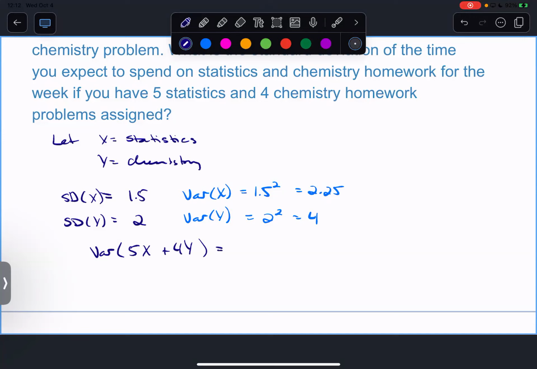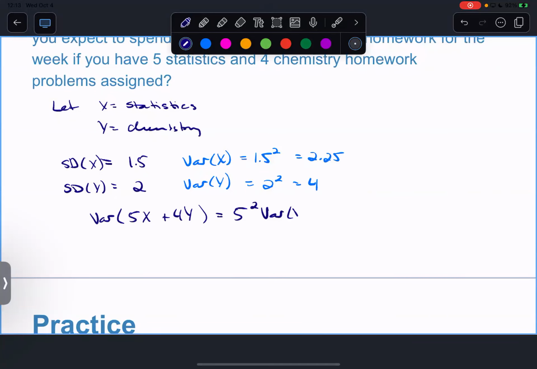When I distribute the variance, then I have to square the coefficient, and that's just a fact. So 5 squared times the variance of X plus 4 squared times the variance of Y.